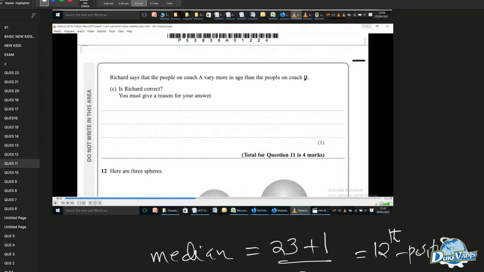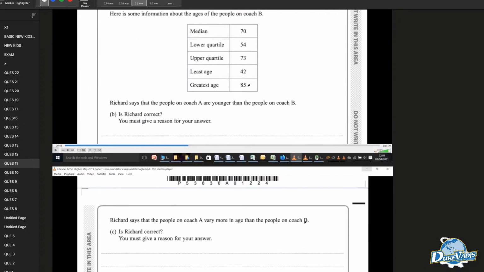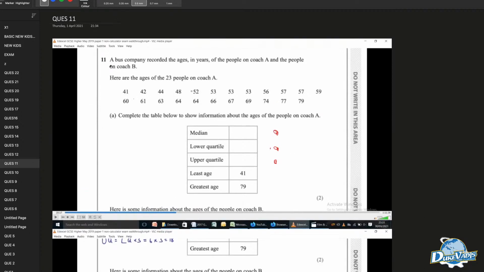At the 12th position, when we count from what we're given in order of merit, you see, such questions, when you get them, you have to make sure that the data provided are in order of merit, in the sense that it increases from the lower to upper. If the numbers are randomly arranged, we have to arrange them well in order of merit so that we don't get it wrong. If you see this one, we have 41, 42, 44, 48, up to 79, it flows. So we don't need to do any rearrangement.